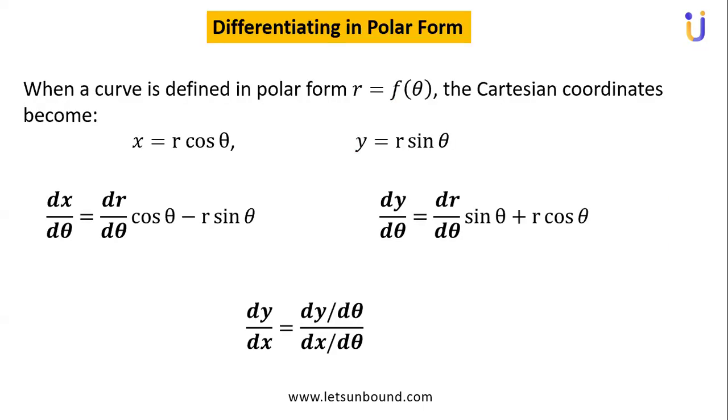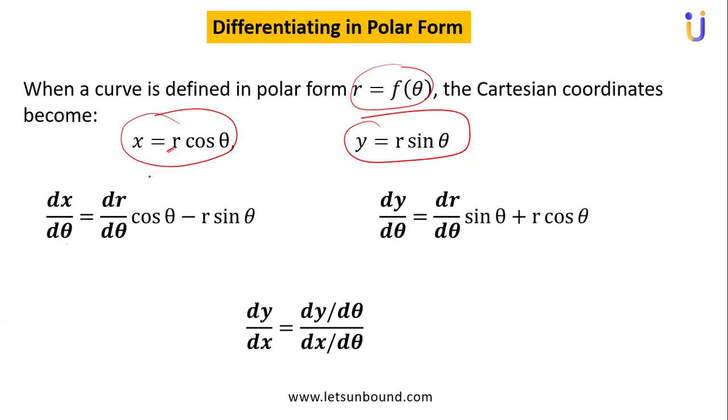Now, a curve is defined in polar form as r is equal to f of theta. But its Cartesian coordinates will be fixed: x is r cos theta and y is r sin theta. Do you remember we did this in parametric form, dx by dt, dy by dt? Here it's theta. r is just a number, theta is the one which will be changing.